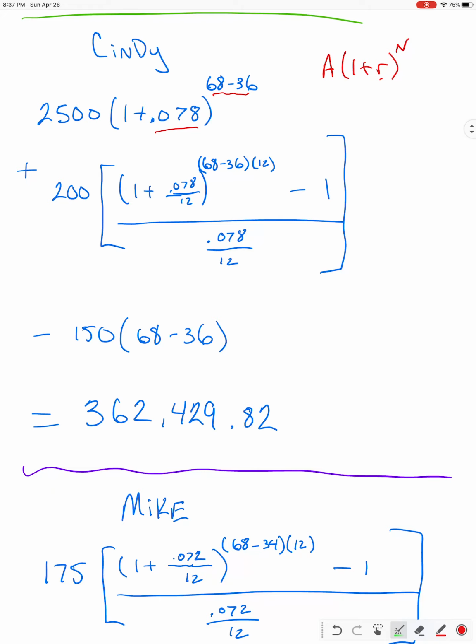But in this case, since the rate is by the year, 7.8% annual percentage rate, that's 0.078, but that has to be divided by 12. That's important because each of those times gets divided by 12. And then the n is 68 minus 36 times 12, so all of those years times 12, once per month. Then the formula has minus 1, and then you divide it by the rate again.